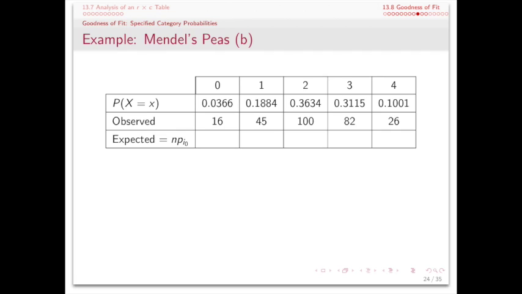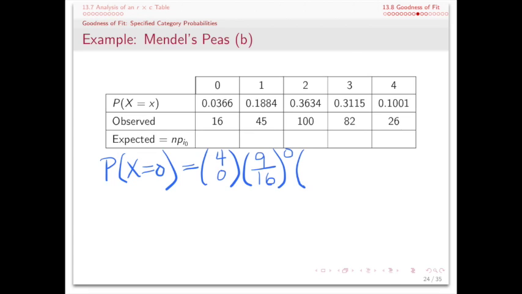In particular, let's look at the first category where X is 0. We're interested in calculating the probability that X is equal to 0. Remember, this is binomial with n equal to 4 and theta equal to 9/16. So we're doing 4 choose 0 times 9/16 to the 0 power times 7/16 to the 4th power, because 7/16 would be the probability of failure here.